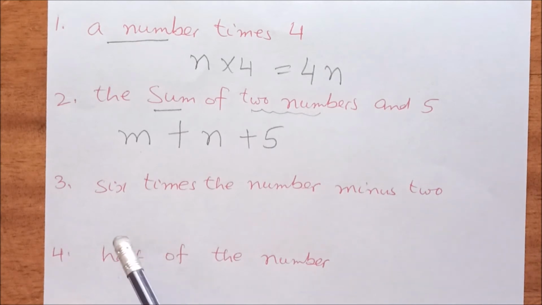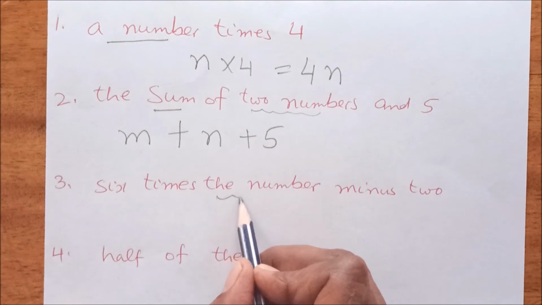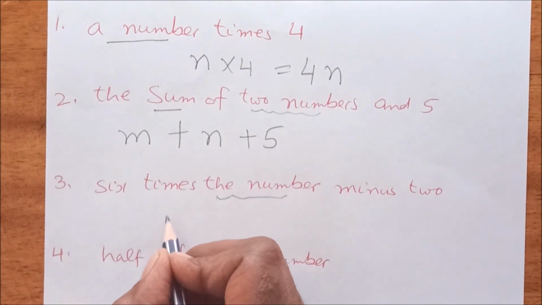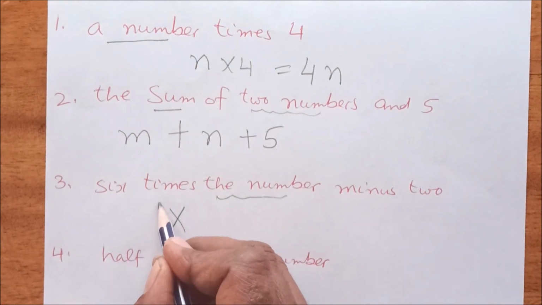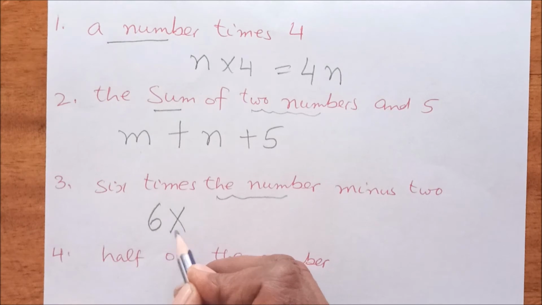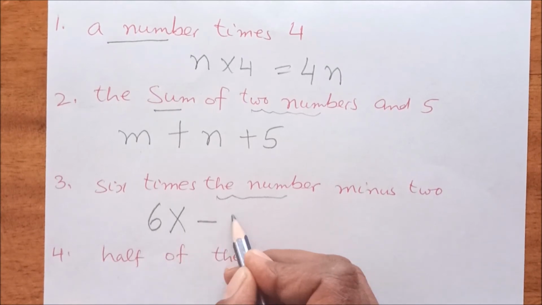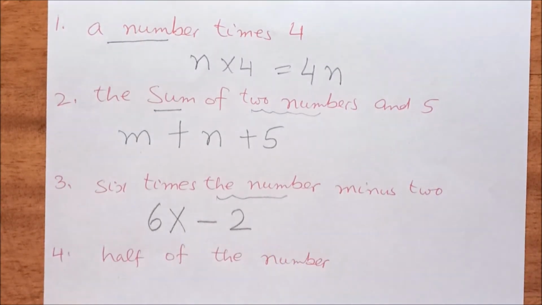Example number 3, 6 times the number minus 2. Again, for the number we can take x. 6 times the number is 6x, minus 2. So this is the expression for 6 times the number minus 2.